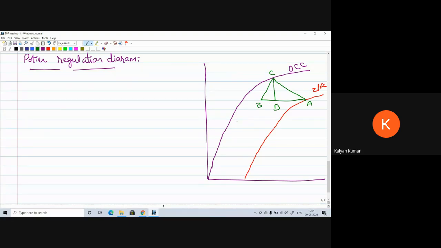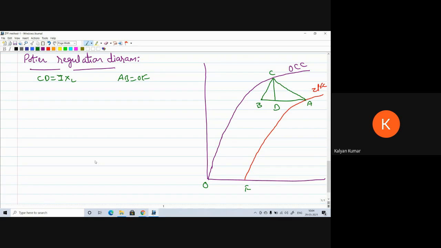Now the length CD represents the IXL drop. This is O, this is F. AB equal to OF we have drawn. Okay. So this is the Potier curve that we have drawn up to now.